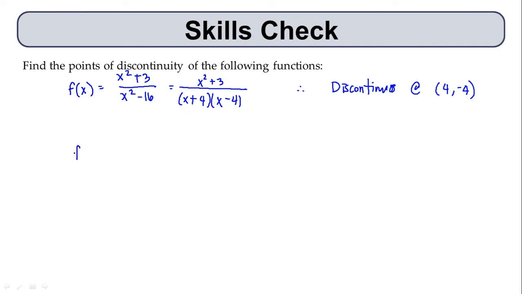So, another example is f of x equal to 3x plus 2 divided by x squared minus 6x plus 9.